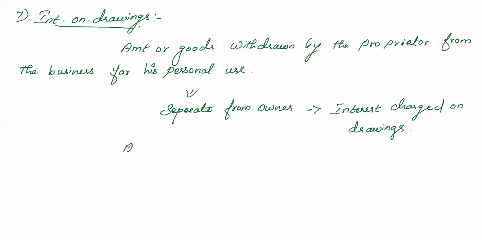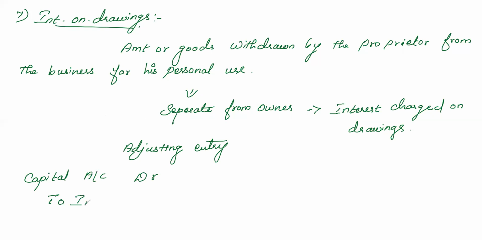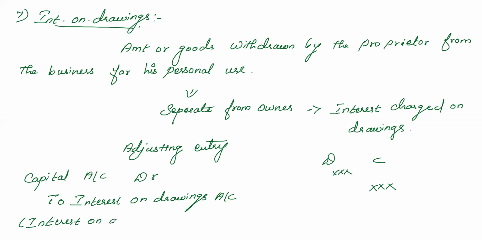So the adjusting entry: capital account debit to interest on drawings account. Debit side, credit side. That's all. Interest on drawings provided.